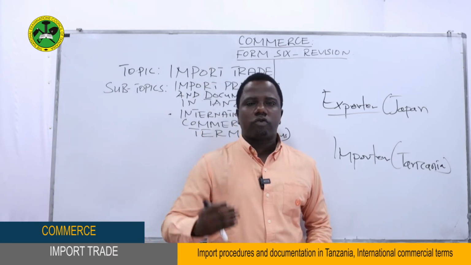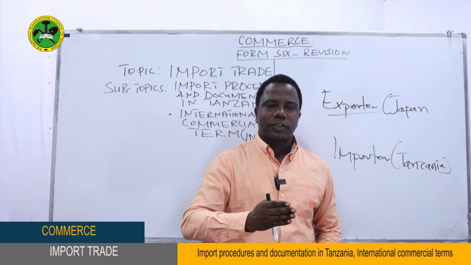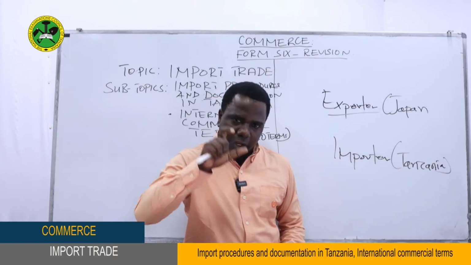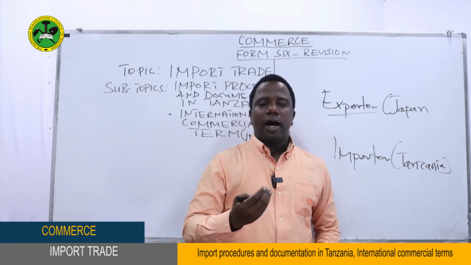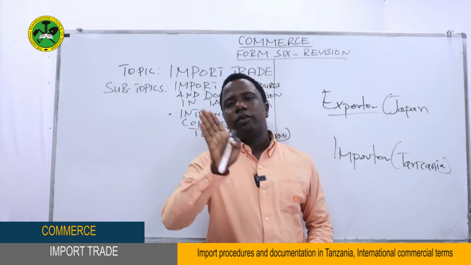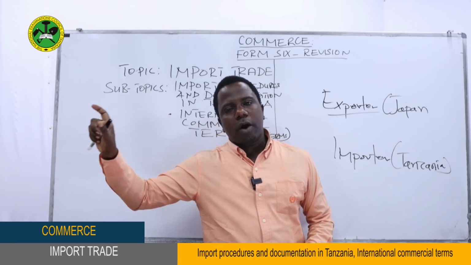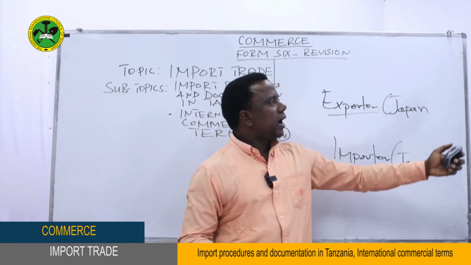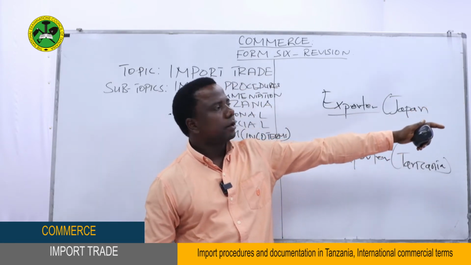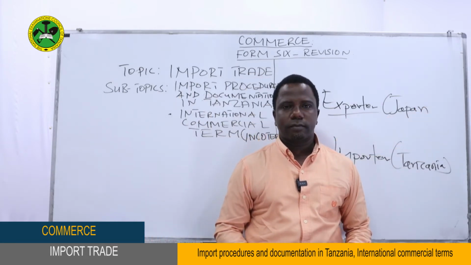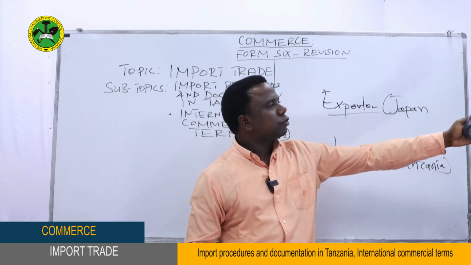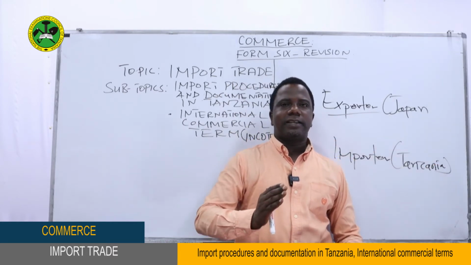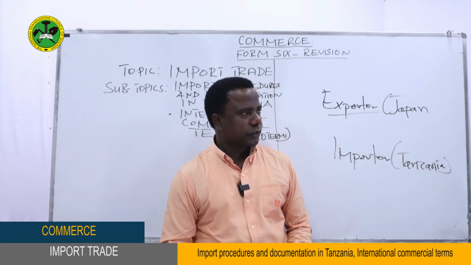Sometimes in international trade, exporters may need you to pay first in order for them to send goods to your country. So this way is safe for exporters. It is less risk to exporters, but it has more risk to importers.